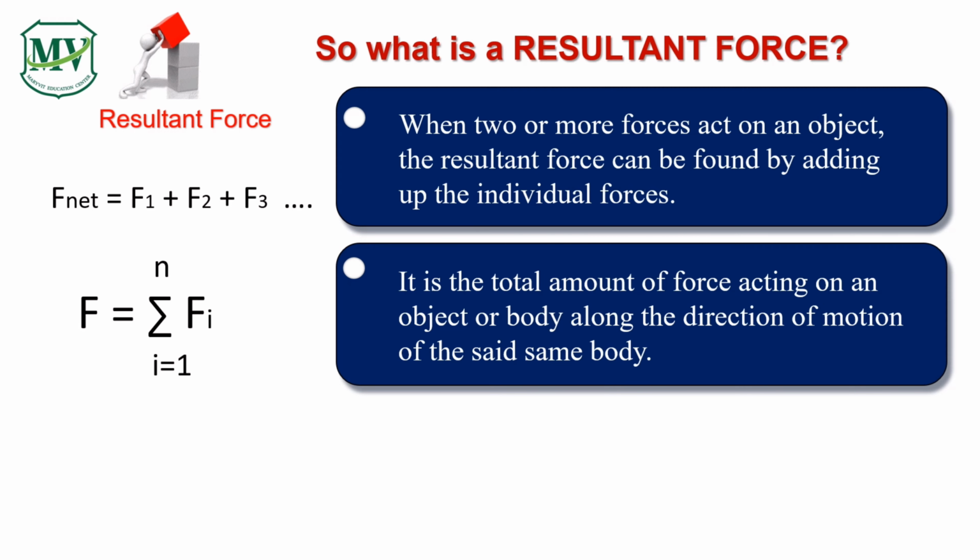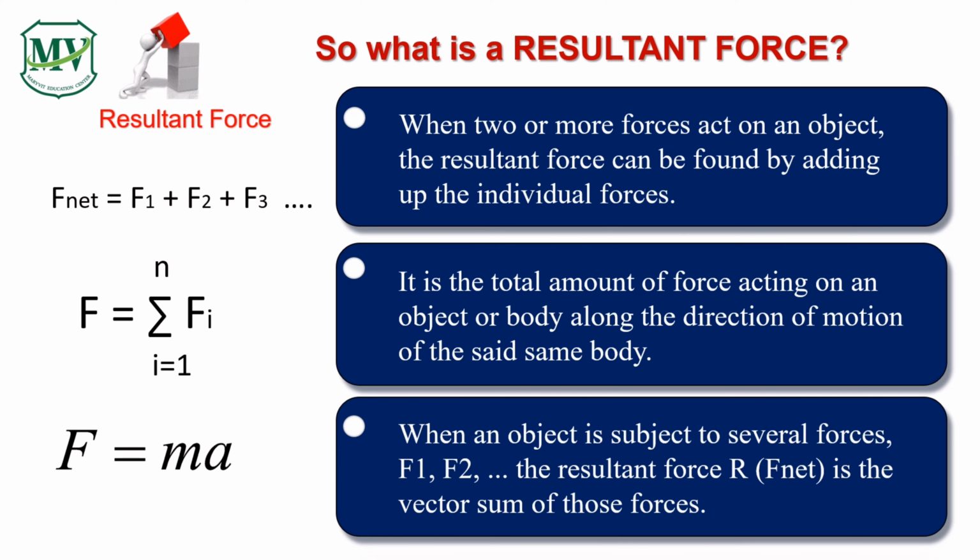Indeed, according to Newton's second law, the force F that alone produces the acceleration a on an object of mass m is F = m × a, which indicates that the resultant force has the same direction as the acceleration and a magnitude equal to the product of the mass and its acceleration.